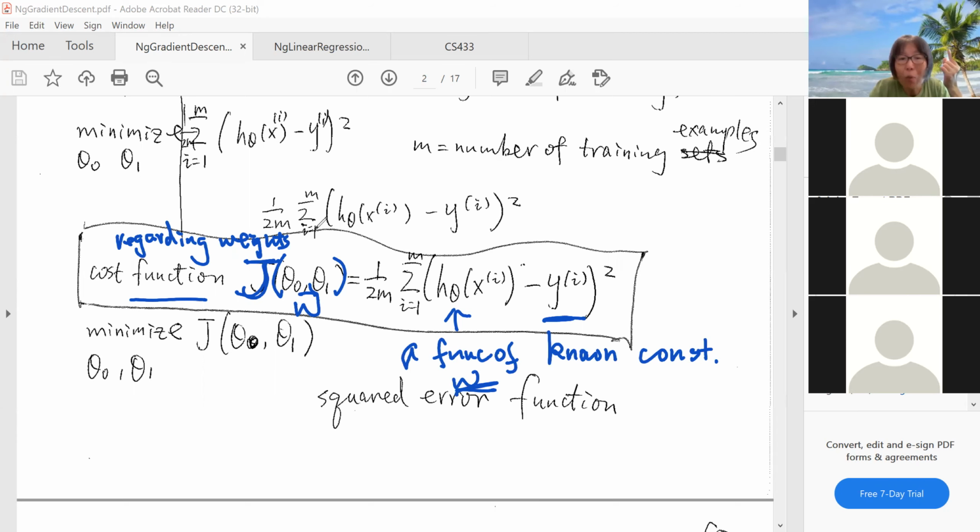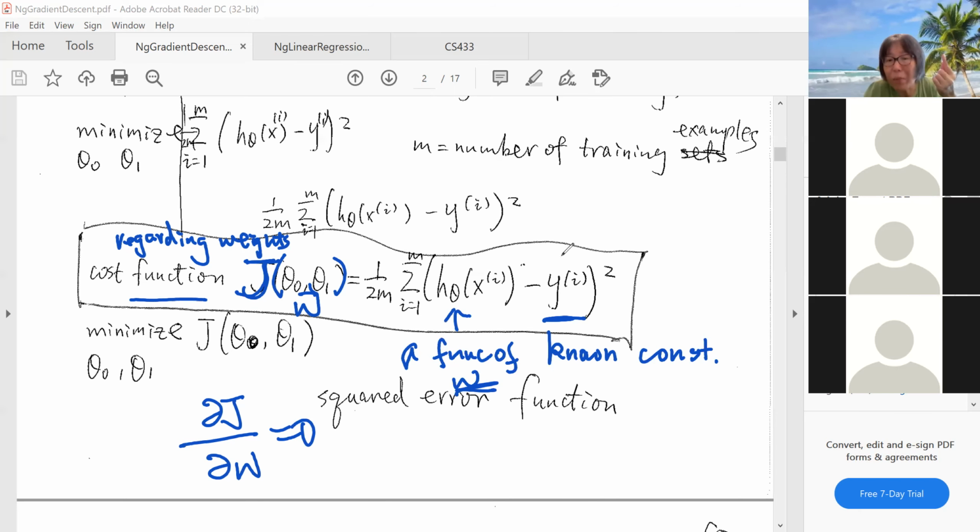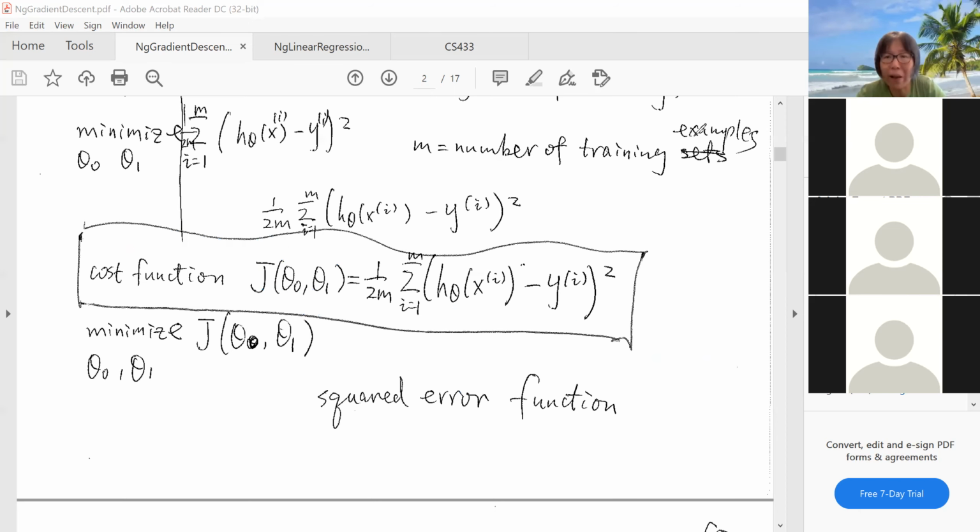And we try to minimize this cost function. From math, we already learned, if you want to minimize, you can take a derivative regarding W and set it to 0, and then you can find the W, and it will guarantee this cost is going to be the minimized one. So that's purely mathematical analysis.